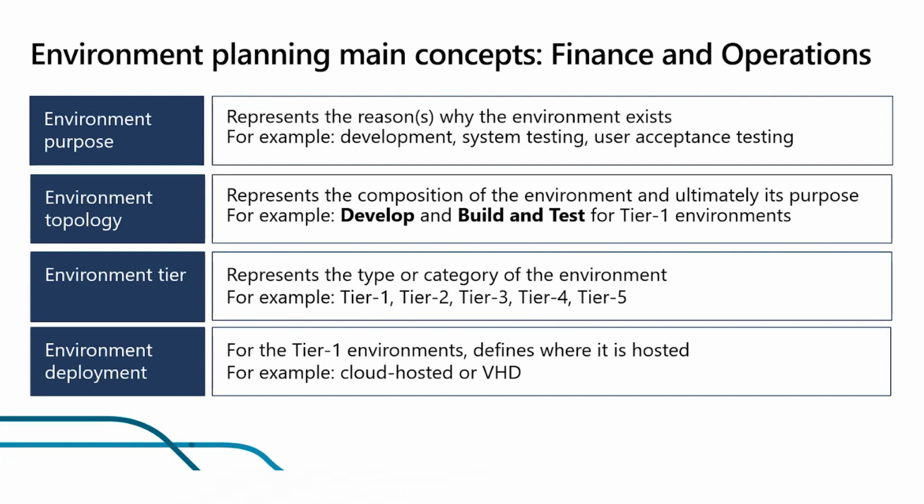You can have an additional tier 1 environment which can be managed within your or your partner's Azure subscription and can be cloud hosted. An environment VHD or image can also be hosted on premises using a virtual hard disk that can be downloaded from Lifecycle Services. So for different purposes, you would be choosing different kinds of environment.